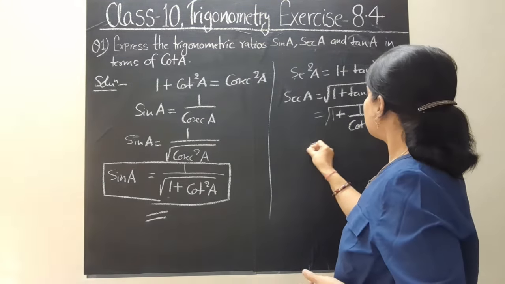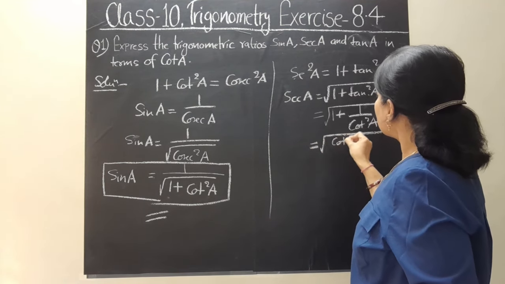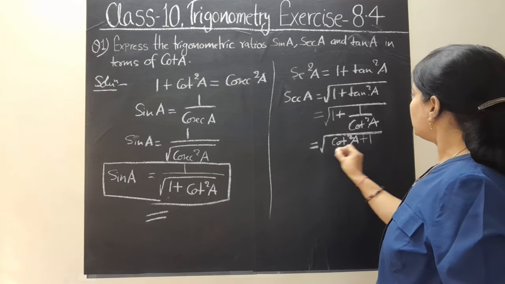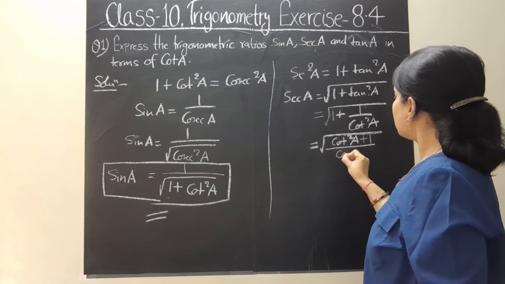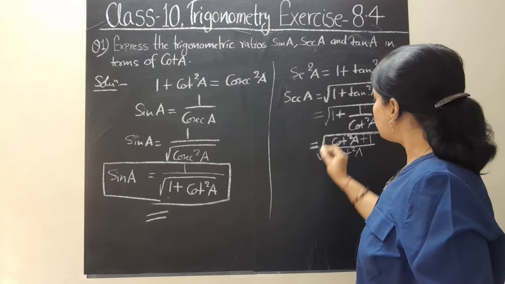So from here you can write cot square A plus 1, divided by cot square A, all under square root.